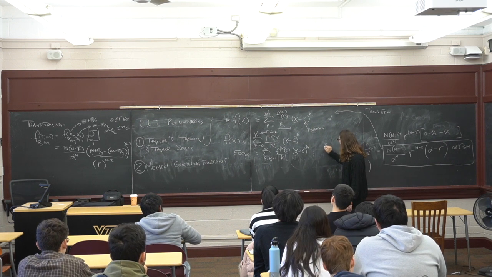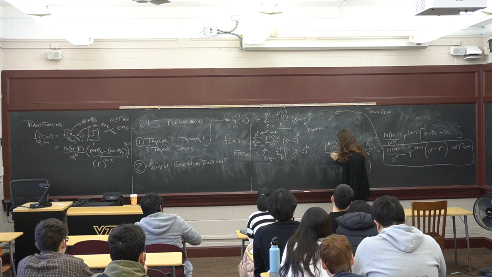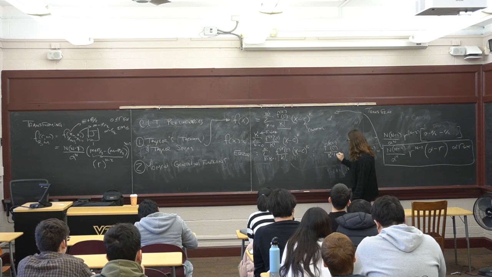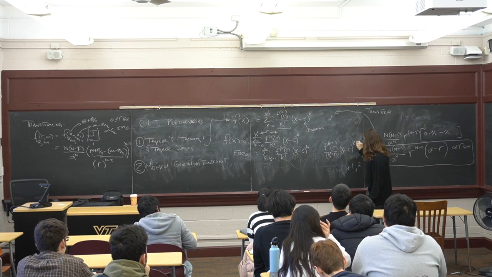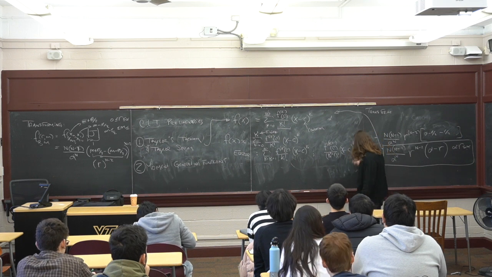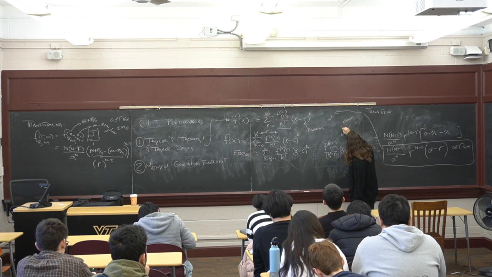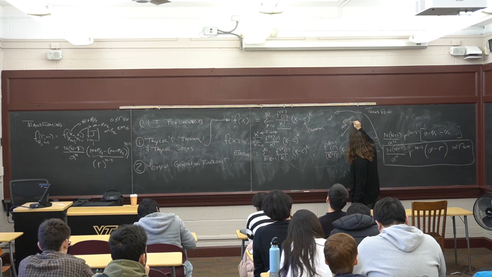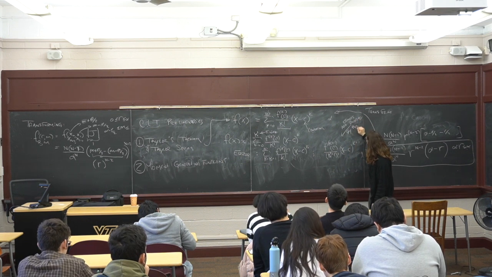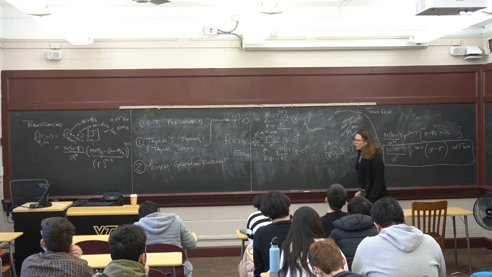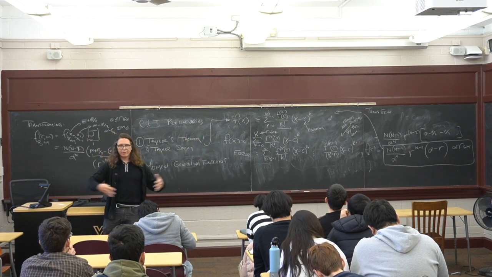So the error is bounded by this, f to the capital K plus 1 at c, divided by capital K plus 1 factorial, x minus c to the capital K plus 1. So the errors are bounded by this term. What it means is that the error is bounded by the lowest order term in the remainder.